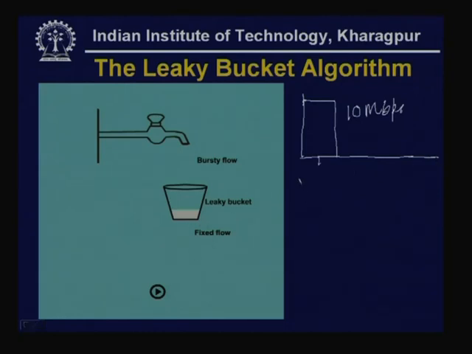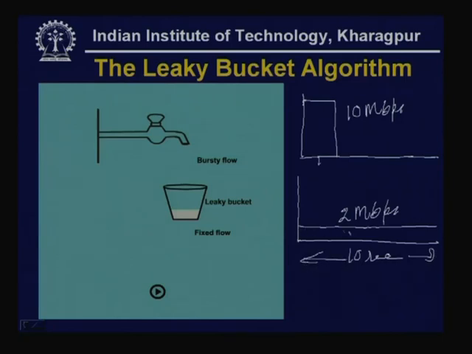What the leaky bucket will do, it will smooth it out and send it at the rate of 2 megabits per second for 10 seconds. So for 10 seconds it is sent at this uniform rate. As a result, as you can see, the traffic is at a fixed rate throughout the 10 second period, and that is what is being done by this approach.